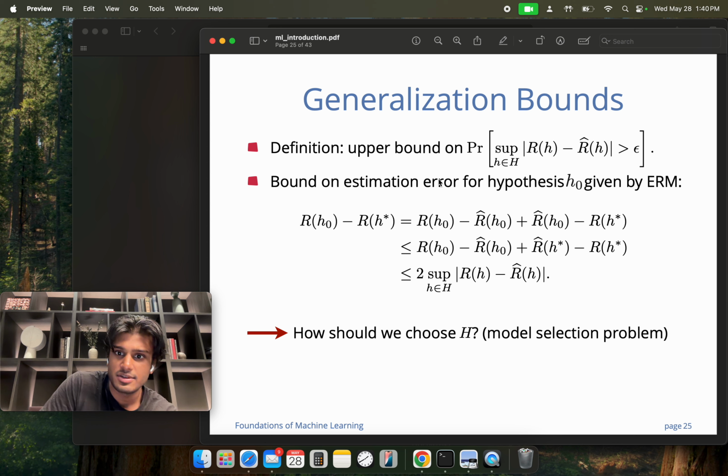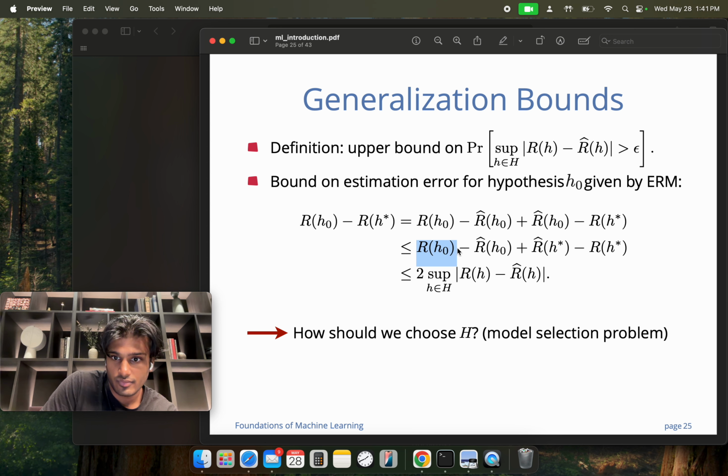So the bound on estimation error for hypothesis H0: let's say my ERM gives me the hypothesis H0. What is the estimation error? It's H0 compared to the best in class. So I have the risk of H0, I subtract the empirical risk of that hypothesis, and I add the empirical risk minus the best in class.